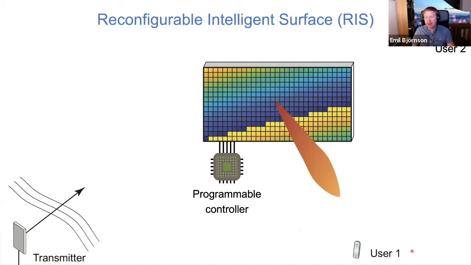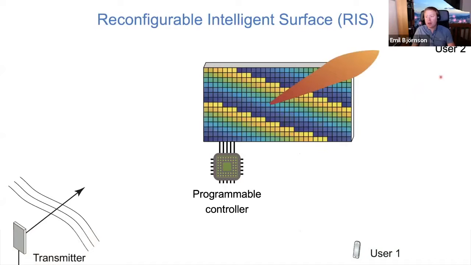And then in the next millisecond, now you have another user, user 2, that's interested in the signal. So let's now change it. Let the programmable controller change the behavior of the surface so that now it's instead beamforming the signal towards user 2.